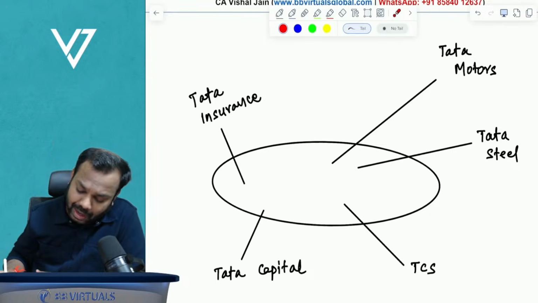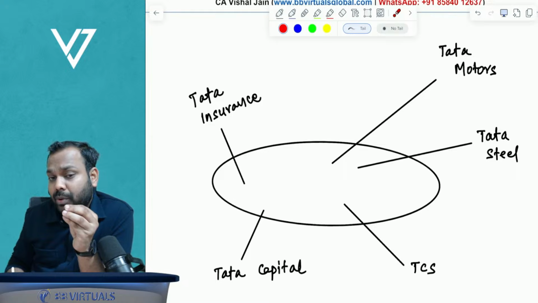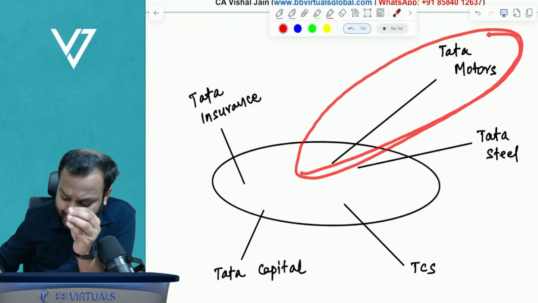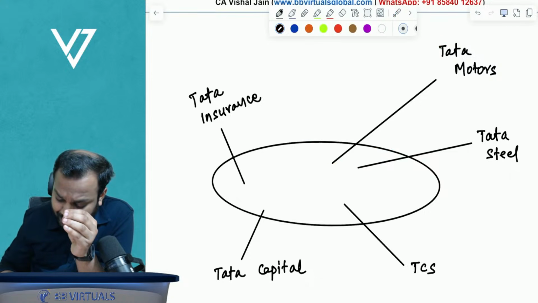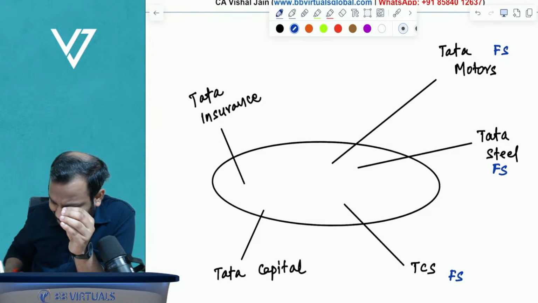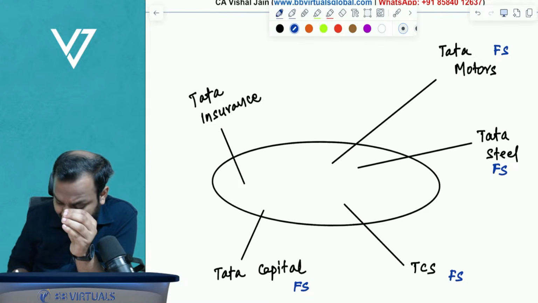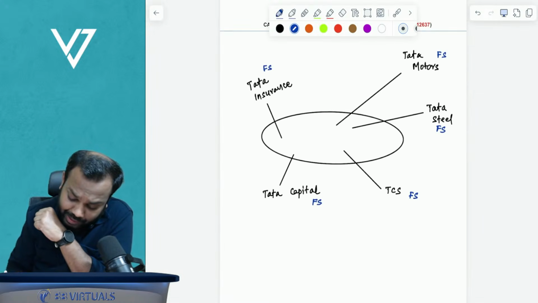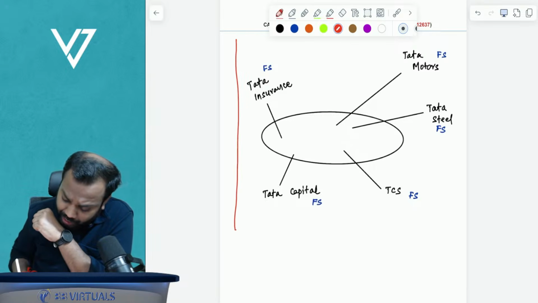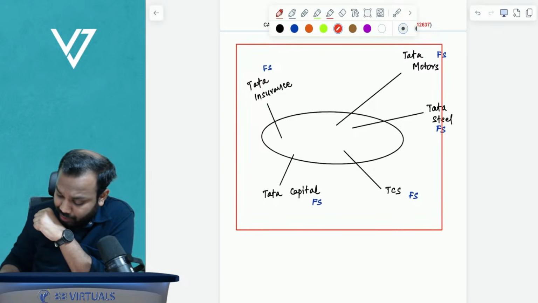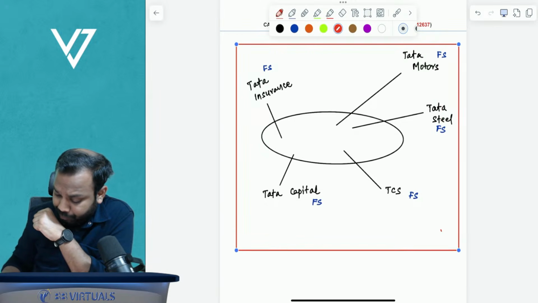First of all, by applying the particular IAS and IFRS, each company will do the transaction level accounting and prepare their own financial statements. Then after that, we have to make the financial statements of the entire Tata Group as a whole.